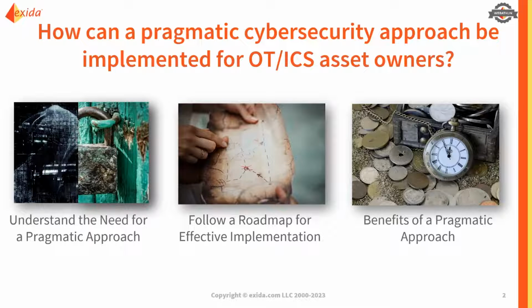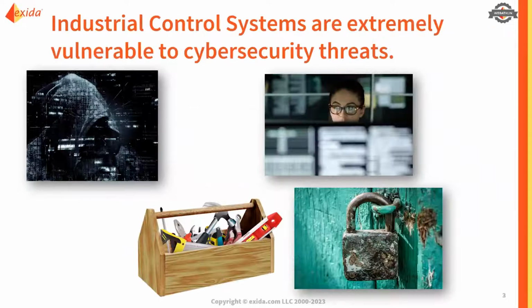So to get started, it's helpful to really understand the current situation for industrial control systems. And the reality today is that the vast majority of these are currently very vulnerable to cybersecurity threats.